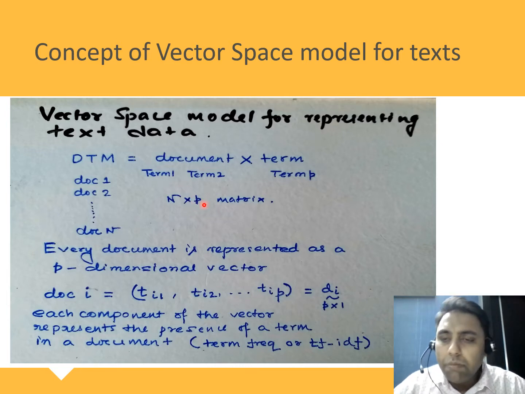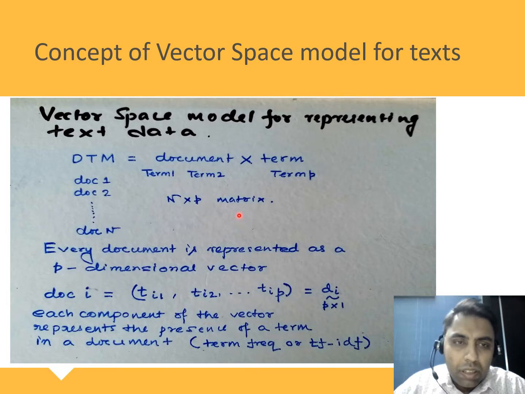Now, right from the structure of the DTM itself, a particular document in the data, let's say the document I, can easily be represented by the corresponding row of the document term matrix, right?